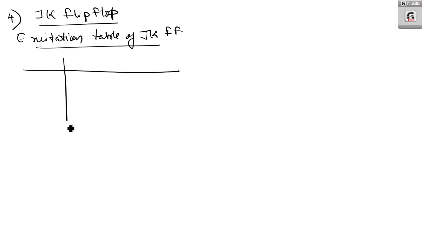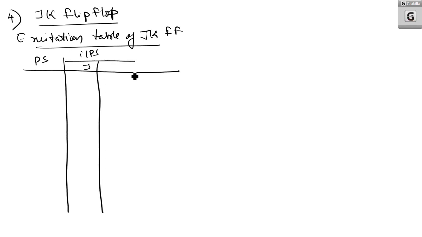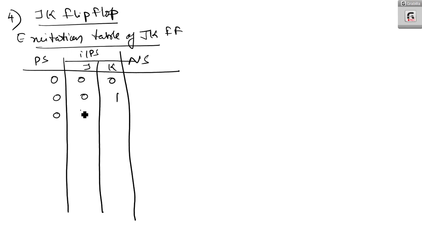There we are having present state. Then inputs I am taking as J and K. Then what is the next state? So what I am having is the next state. So 0, 1, 2, 3, 4, 5, 6 and 7. This I will divide in 4 by 4 pattern.